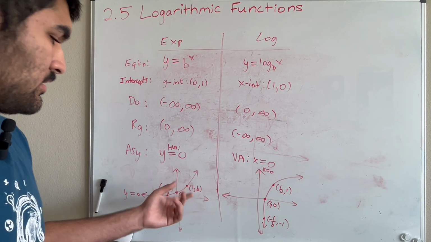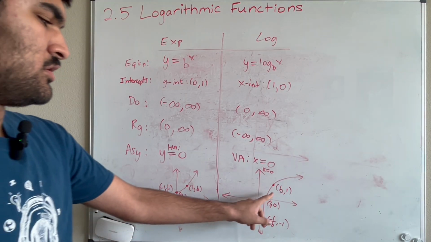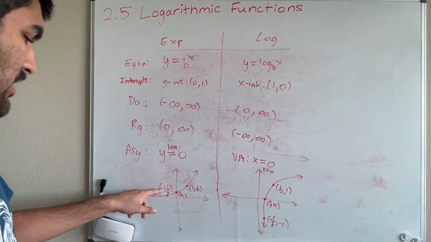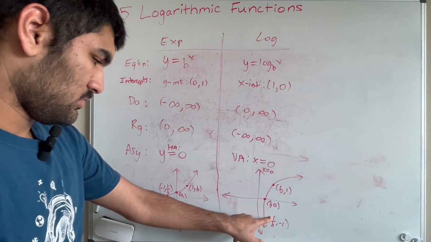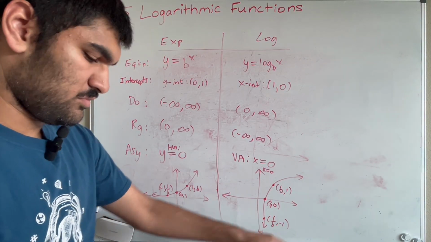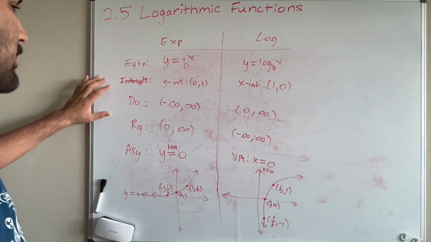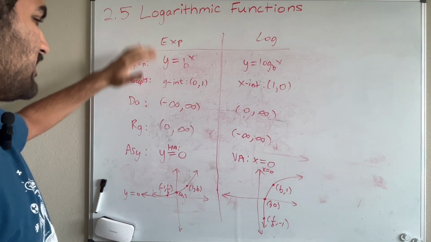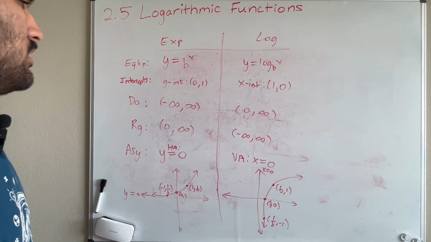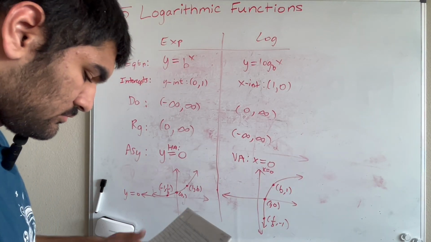Notice that for exponential you have the point (1, b), so for log you have the point (b, 1). For exponential you have (negative 1, 1 over b), so for log it's (1 over b, negative 1). These are the general properties of exponential and logarithmic equations, and they're useful to know.